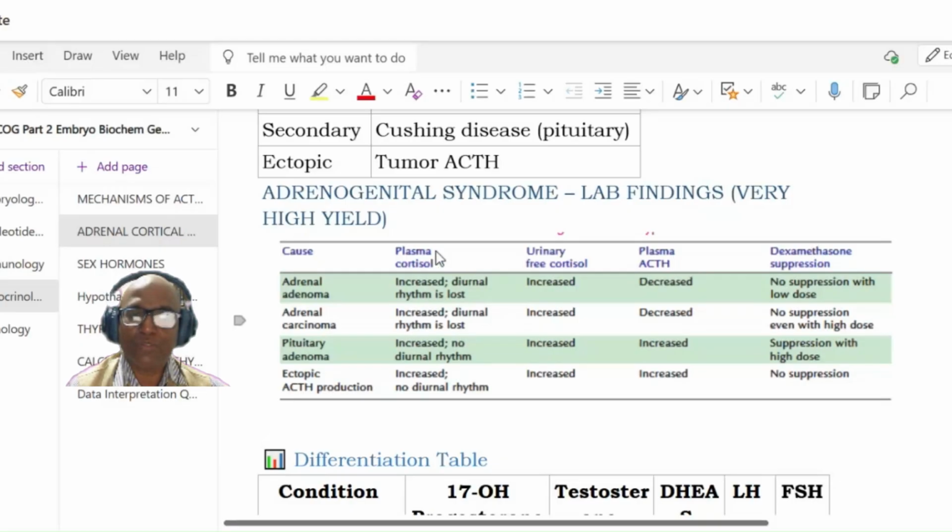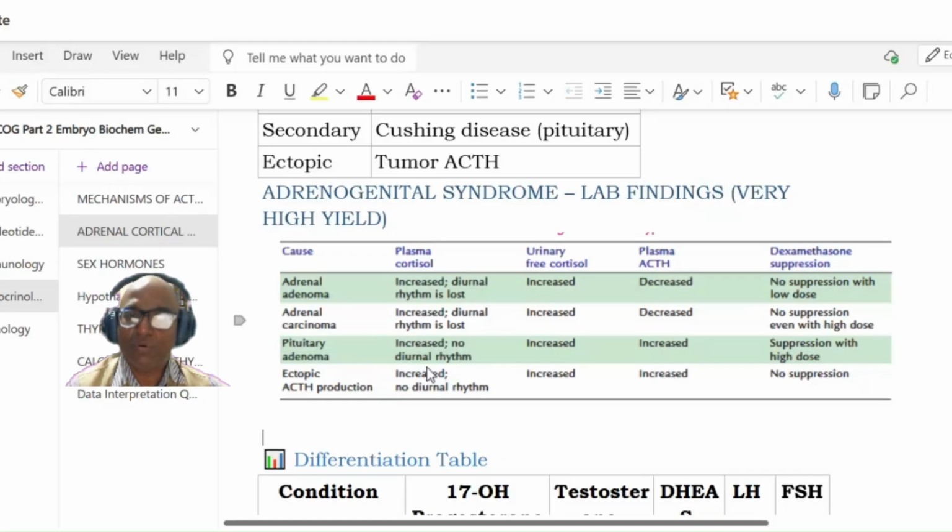So what will happen to the plasma cortisol? It will be increased and the diurnal rhythm will be lost. In adrenal adenoma, and also adrenal carcinoma, again plasma cortisol will be increased and the diurnal rhythm will be lost. Pituitary adenoma will also have higher cortisol levels and no diurnal rhythm. In ectopic ACTH production also, the cortisol level will be high and there will be no diurnal rhythm.